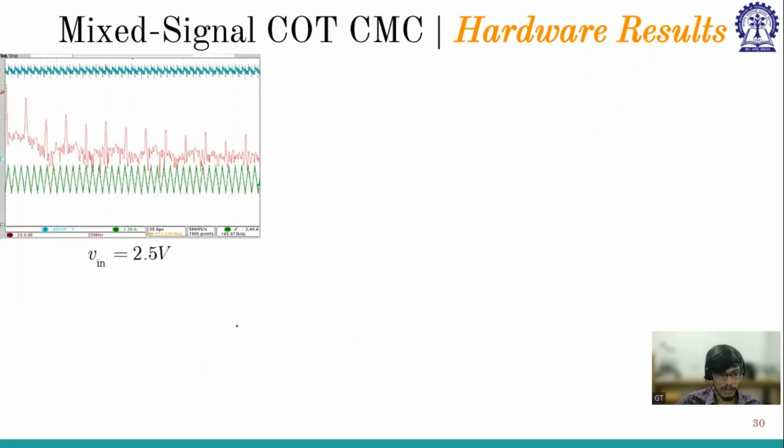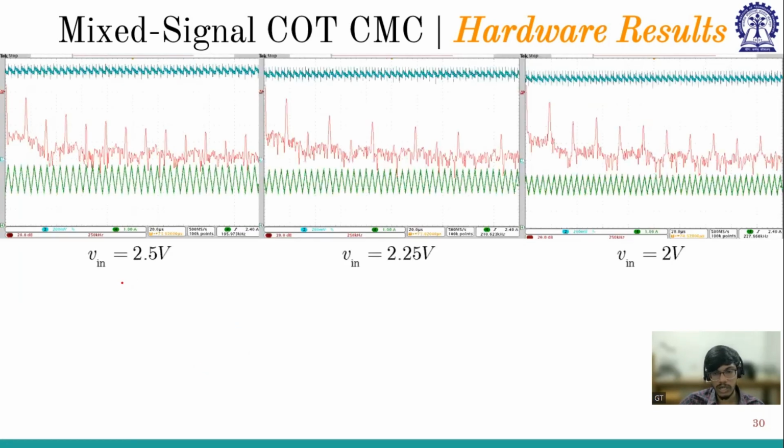And if we see the hardware results, a case study was considered where the V input is reduced. And what are the observations? If you see, this represents the switching frequency pulse. It is noticed that as V in is reduced, switching frequency is increased.